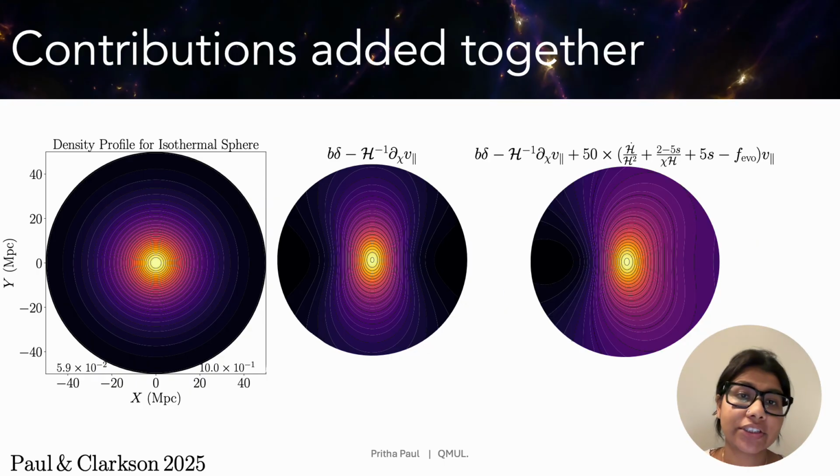The plot on the right shows the Doppler term added to the Kaiser term as well. The Doppler term is magnified by 50 as it is suppressed with respect to the Kaiser term by H over k. However, when magnified by 50, it results in an asymmetry along the line of sight and a centroid shift as well.